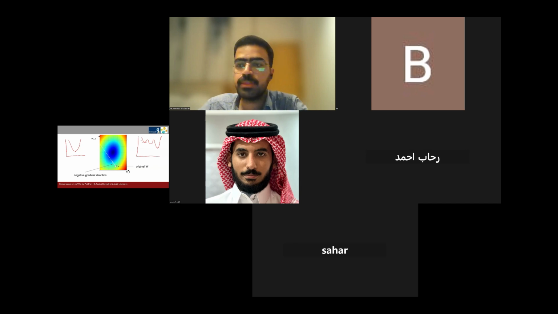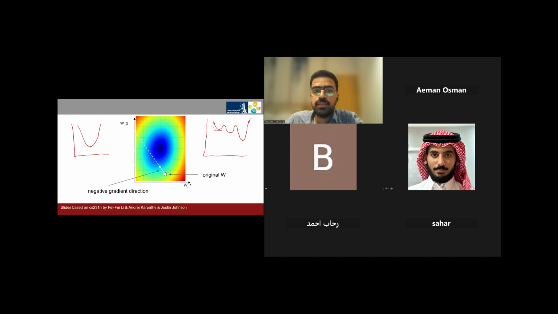Which point should we start from? How do we know that? Whenever we train a neural network, we do something called random initialization, so we randomly initialize the Ws. We do have a specific range where we initialize them.